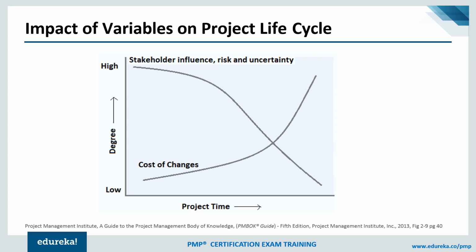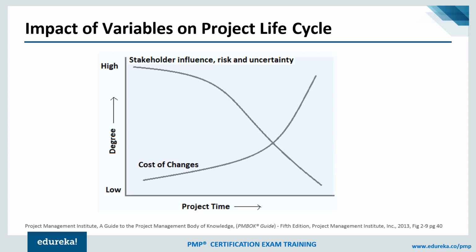Because when you are just about to start the project, you can see that there are variables like your risk, your stakeholder influence, risk and uncertainty. There would be influence by the stakeholders, there would be some uncertainty, but as you start making progress, as you start gathering data and collecting the requirements, you'll start getting clarity.